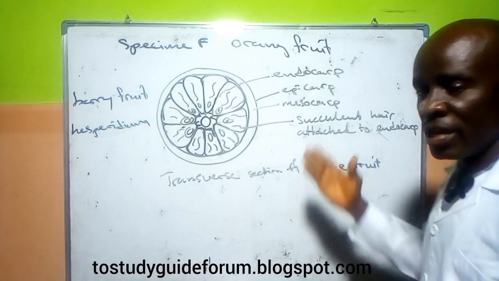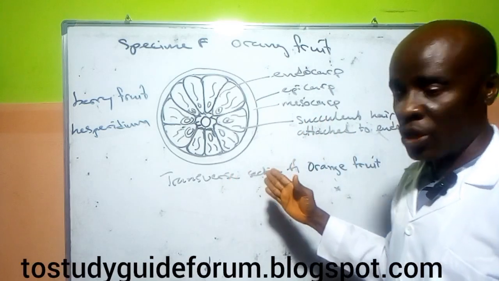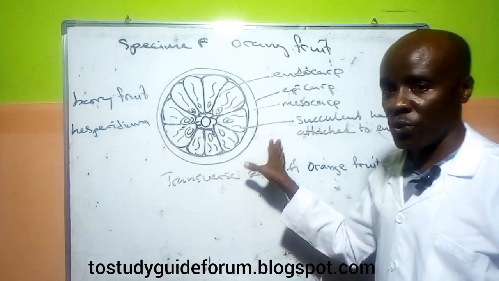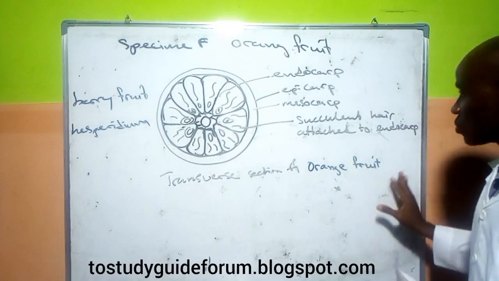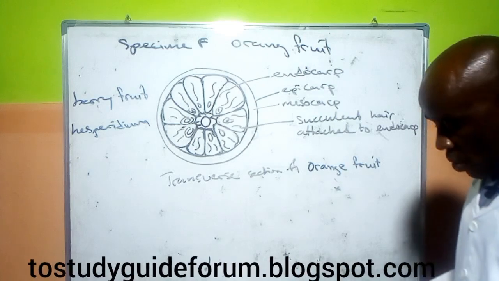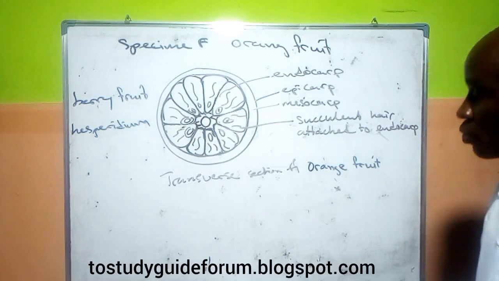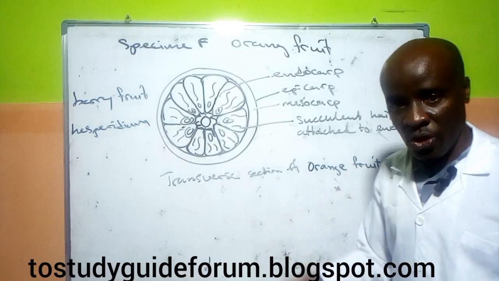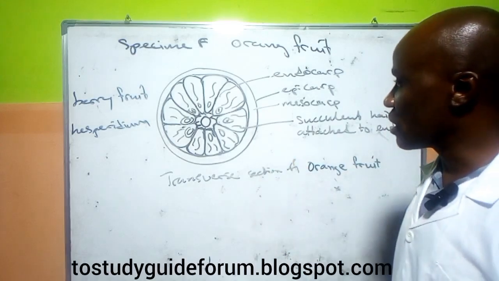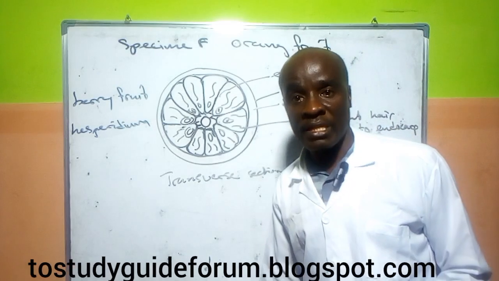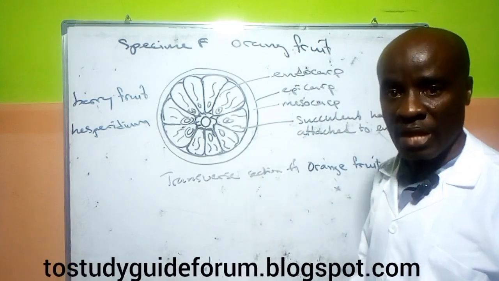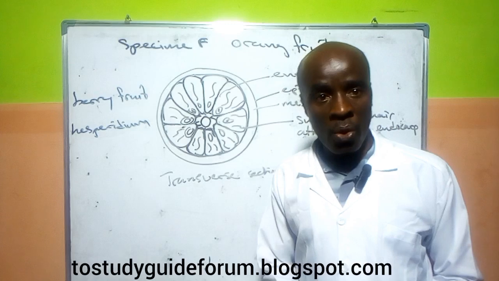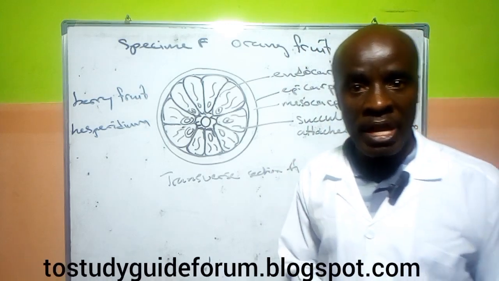And then the presentation of this fruit is what we call axile placentation. That is what the orange has. So I would want to encourage you to look at this as you're doing your studies. Pay attention to all this drawing. Like I told you, whenever you're making your drawing, make sure you do your drawing in such a way as required.